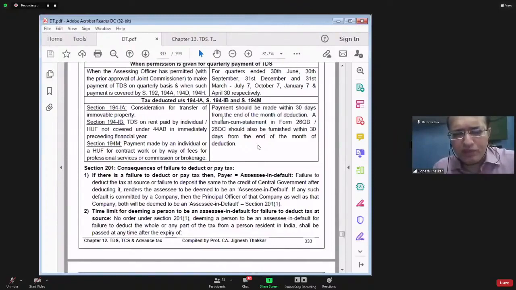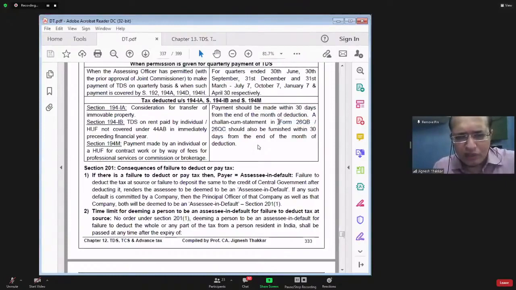So these people who have deducted TDS in 194IA, 194IB and 194M, while making payment of that TDS to the government, should fill up form number 26QB and form number 26QC. And this payment is required to be made to the government within 30 days from the end of the month in which the TDS is deducted.